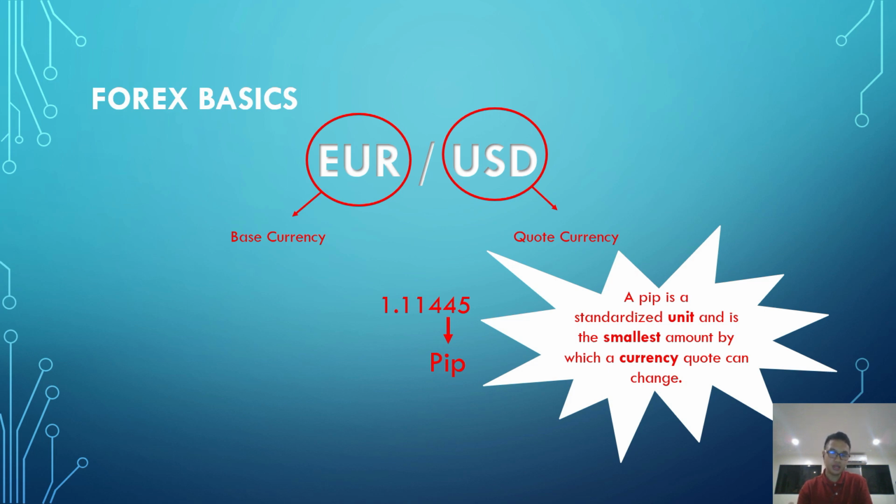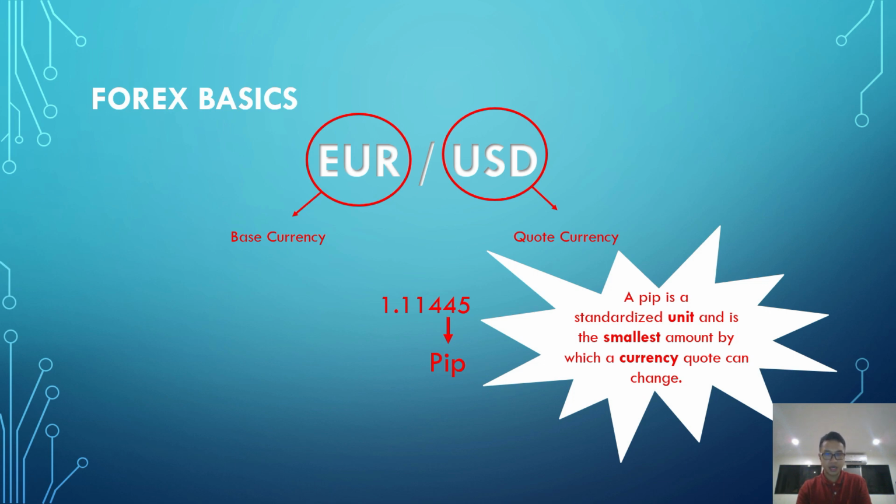For example, if you hear traders saying the price of EUR/USD has risen by 1 pip, that means from 1.11445 it rose to 1.11455. Now the fifth decimal place is what we call pipettes.